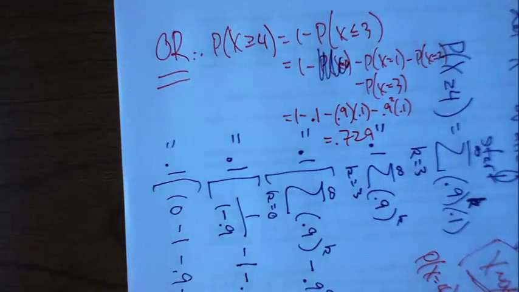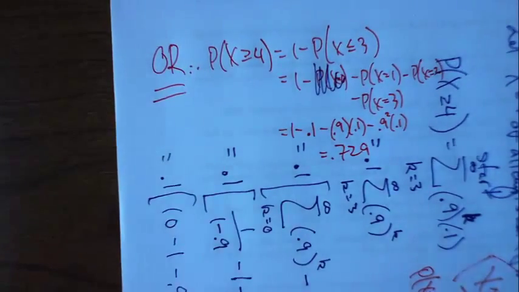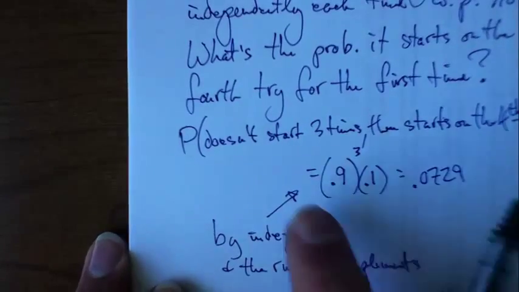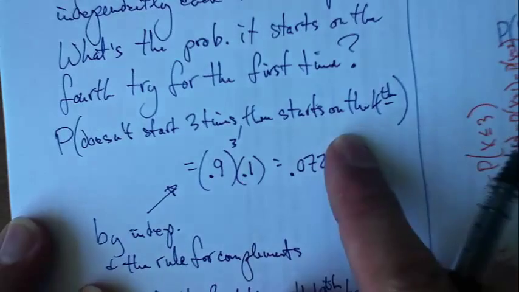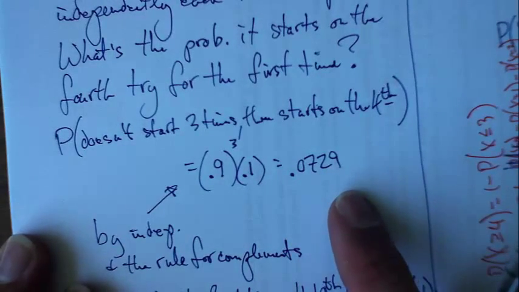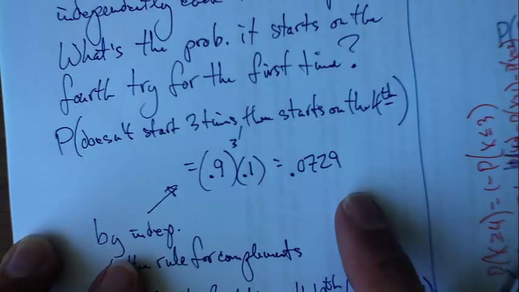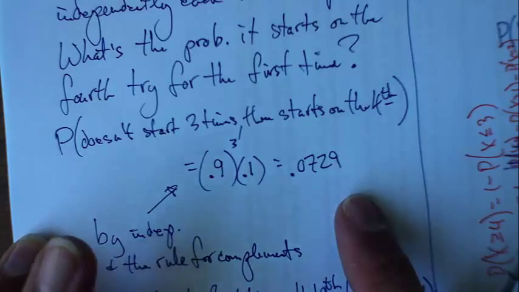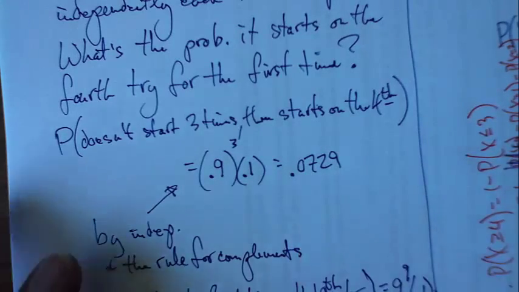Yep. There's an even easier way to do this problem. Oh, you're going to love this. Go back over here. Look at this. You see that? The probability that it doesn't start 3 times, then starts on the 4th time. This gives me a big hint, I think. Guess what? It will start for the first time on the 4th time or later if and only if it doesn't start the first 3 times.